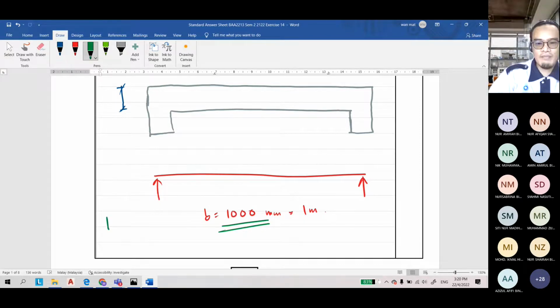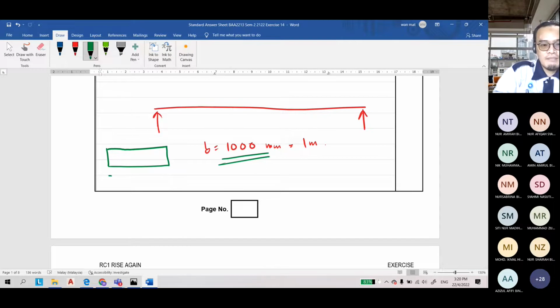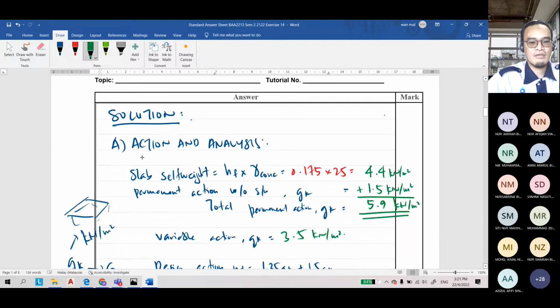We just design it as a rectangular beam, following the procedure of a rectangular beam with b equal to 1000 millimeter. And the h, the thickness, depends on the situation given. Sometimes it's 100, 125, 150, 200, and so on. So just like the rectangular beam, you follow the steps: calculate the K, the z, the d, and so on.